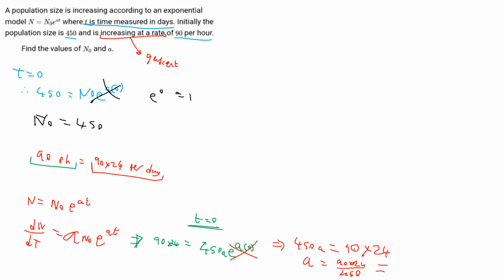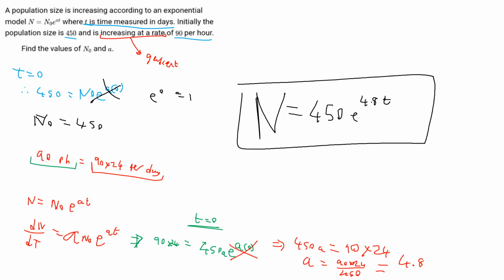And if you plug that into your calculators, you should get an answer of 4.8. And so therefore, your final equation is n is equal to 450 times e to the 4.8t. And that is your final answer.